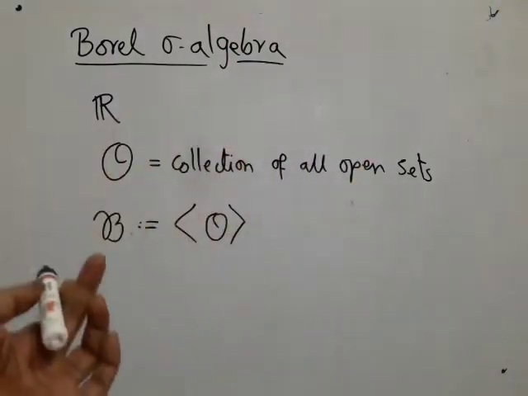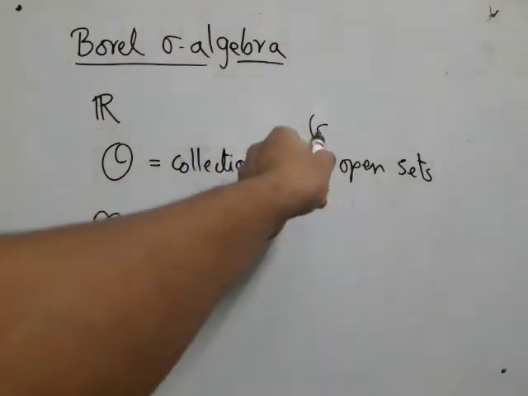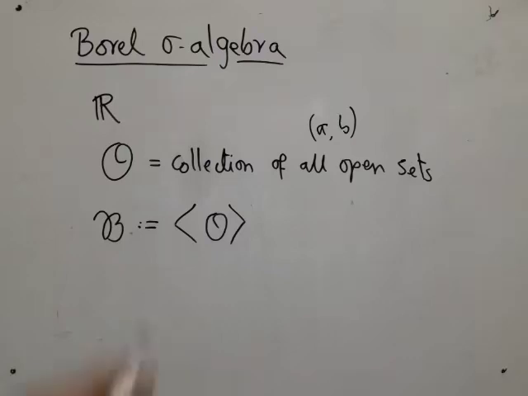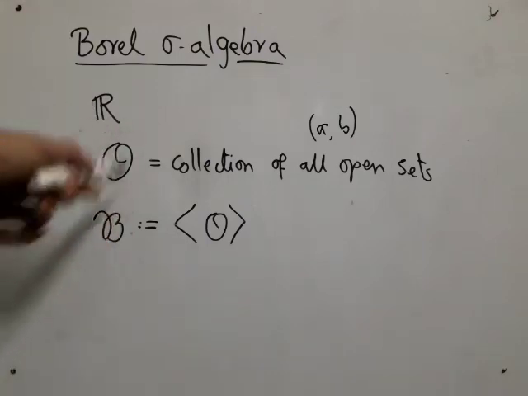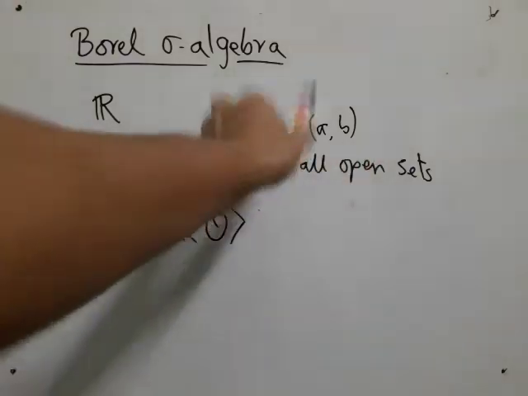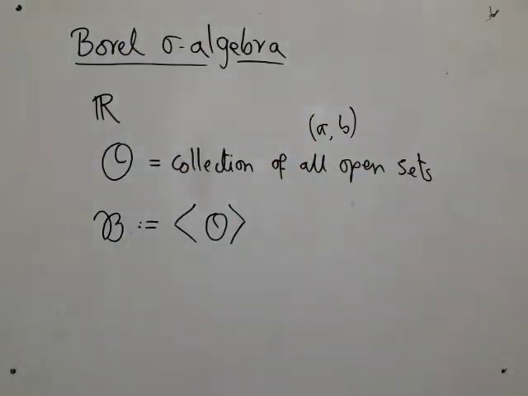You can make life even easier. You can say all open intervals. If you try to generate using all open intervals, again you will come to the same thing. So there are various equivalent ways of describing the Borel sigma algebra. You can make your demand set smaller or larger, but as long as it is rich enough to contain all these open sets, it will always give you the same sigma algebra. That is called the Borel sigma algebra.